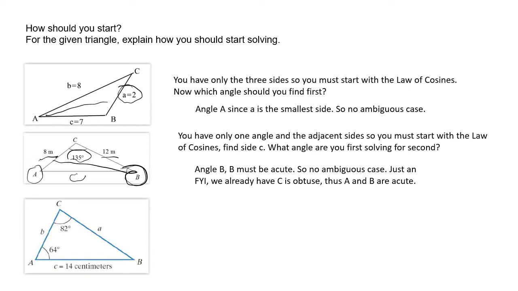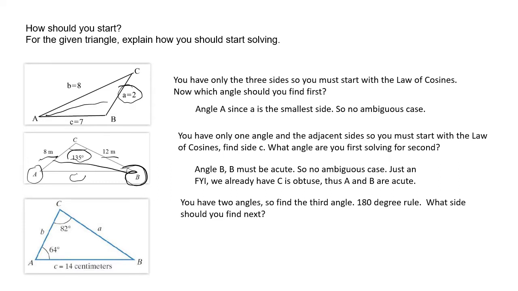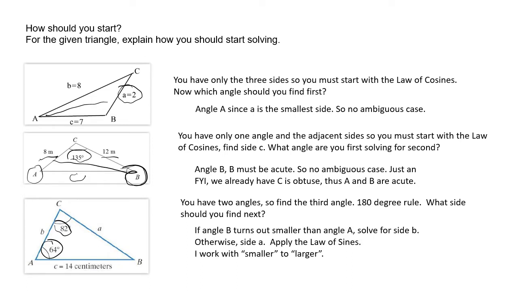Our third triangle, you have two angles. Once you have two angles, immediately find your third angle, the 180-degree rule. Now let me ask you, what side should you find next?